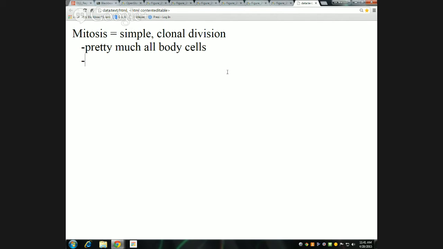And both of those numbers are relevant. So 46 chromosomes, duplicated, and distributed. That's where I want.